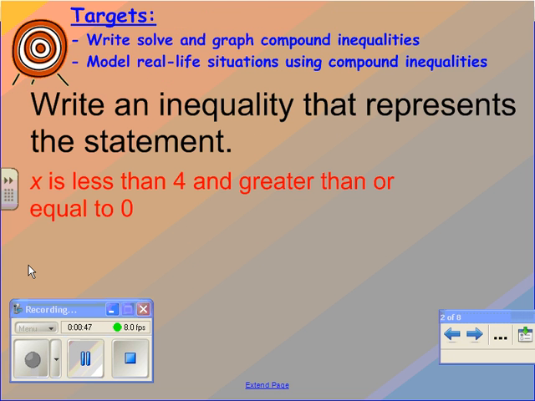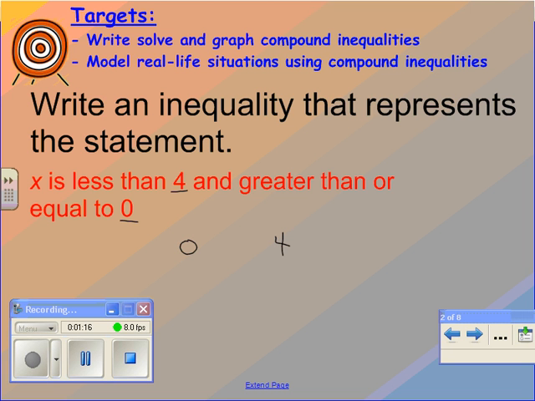So to write an inequality that represents this statement, x is less than 4 and greater than or equal to 0, the first thing I do is pick out my numbers. I have 4 and I have 0. Write the 0 on the left, write the 4 on the right.